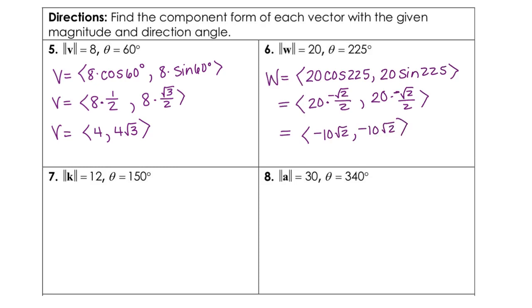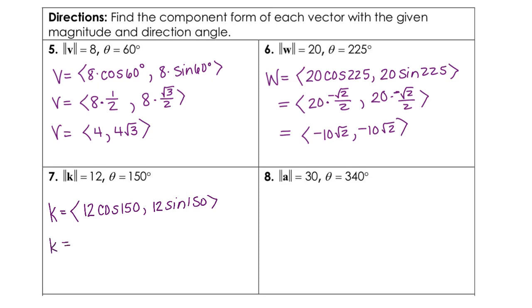All right, and so moving on, looking at a couple of other problems here, same process. So to find our component form for vector K, you're going to have 12 times cosine of 150, and then 12 times sine of 150.